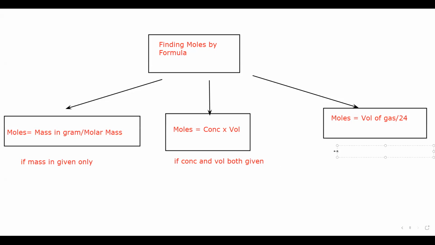And the third one, if volume of gas is given, that's the condition, the substance should be a gas. The last one is only used for gases. It cannot be used for solids. The substance must be a gas.